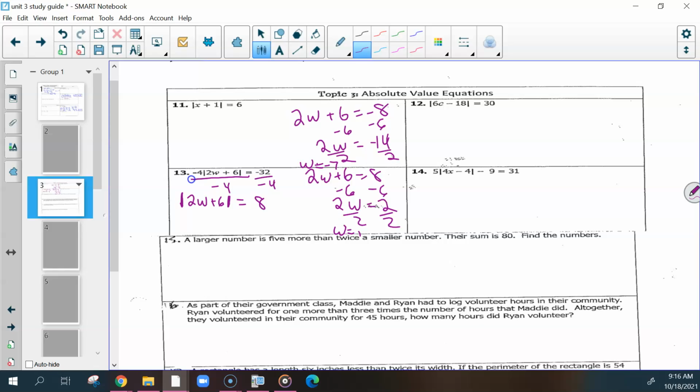And remember to write them as a solution set least to greatest. W equals -7, 1. -14 divided by 2.